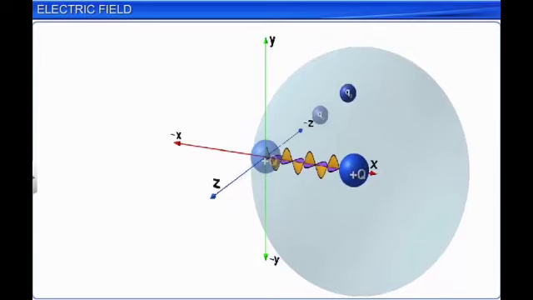Thus, an accelerating charged particle is a source of electromagnetic waves. For example, electric current applied to a solenoid creates an electromagnetic field around it.